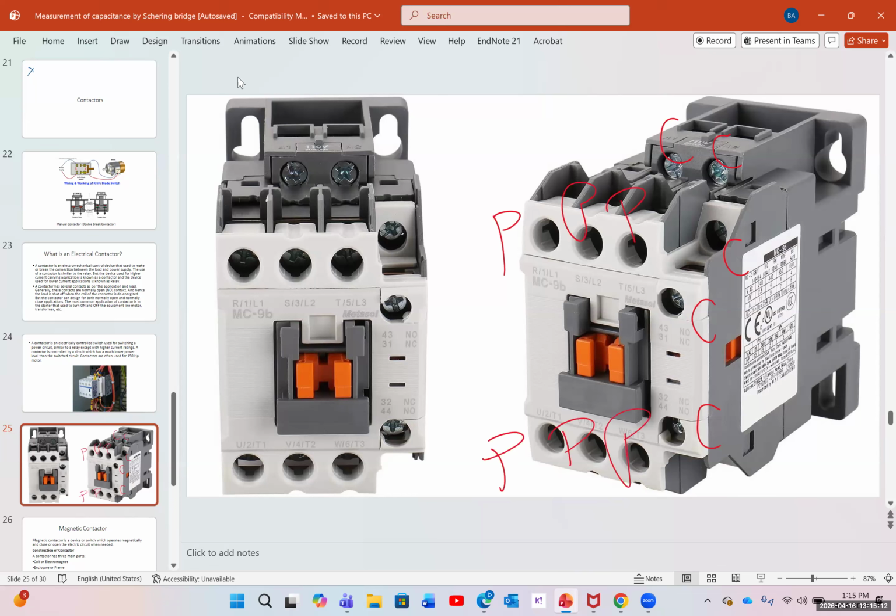And again, these are completely separate. And we have another control here as well, because this is the input of the normal open, and this is the output of that normal open. When we draw a circuit for a contactor, usually we draw the control circuit completely separate from the power circuit.